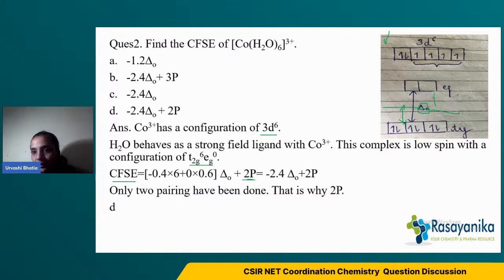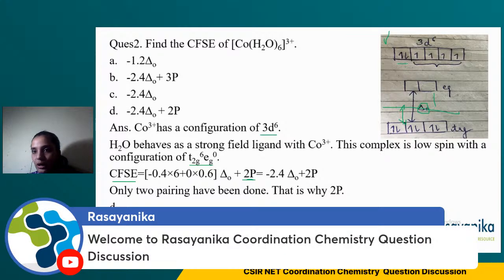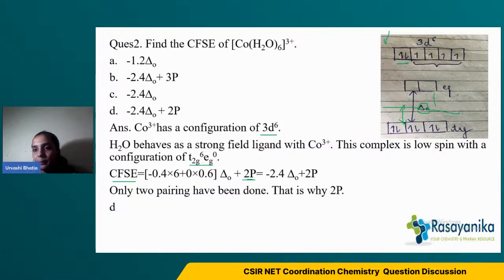Why? Because you will not count this one, because of pairing. These two have been paired, these two have been paired. This electron has been paired with this, and this one with this, and you will not count this pair. This has not been paired up by the strong field ligand. So you will count 2P and not 3P.